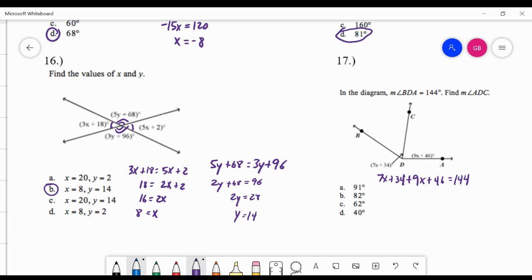Combine like terms, 16x plus 80 is equal to 144. Subtract 80 from both sides. So 16x is 64, and then 64 divided by 16.